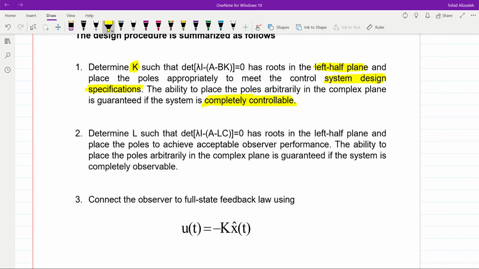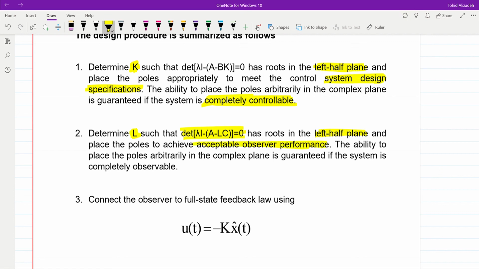Once we are done with that, we determine L, the observer gain, such that the determinant, the characteristic equation that we have for the observer, has roots in the left half plane first of all, and also we place the poles to achieve acceptable observer performance.